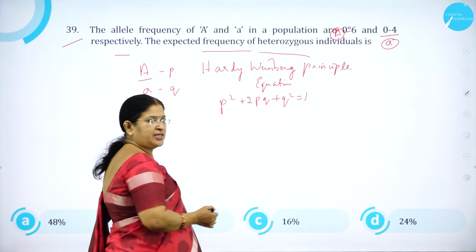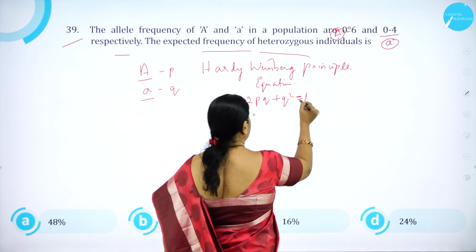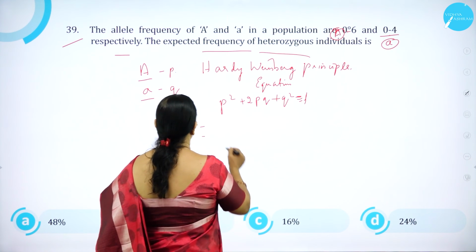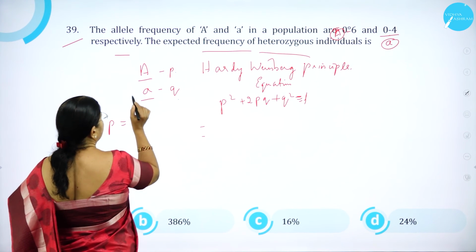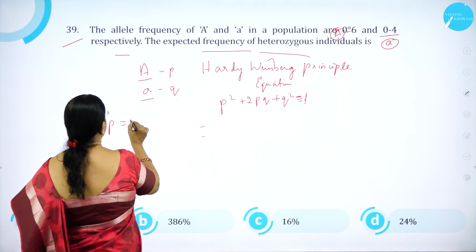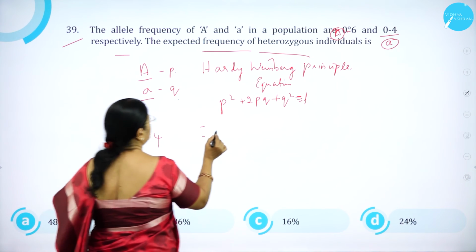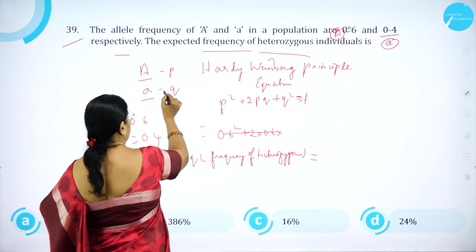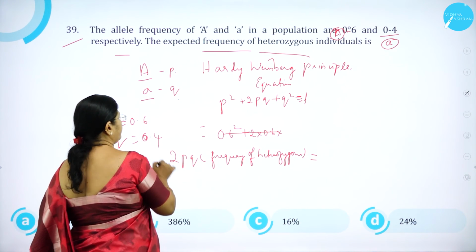So the equation is p squared plus 2pq plus q squared is equal to 1. Here p is equal to 0.6 and q is equal to 0.4.